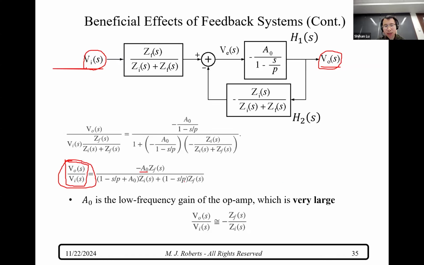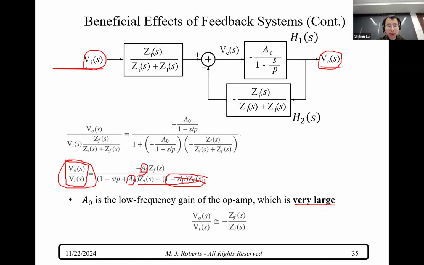So if A naught is very large, and you look at the numerator and the denominator, then the second term in the denominator can essentially be ignored.